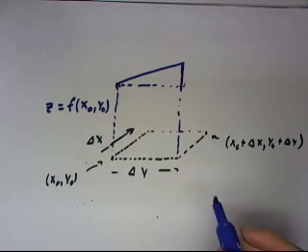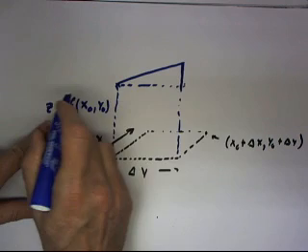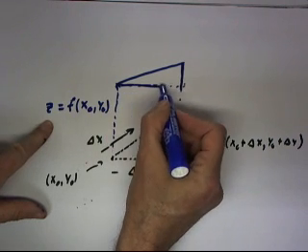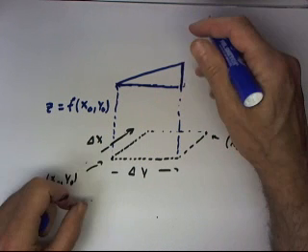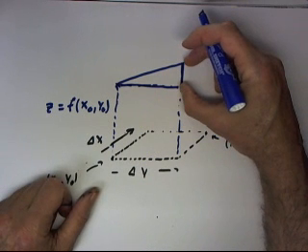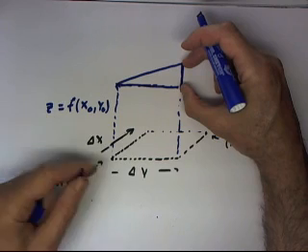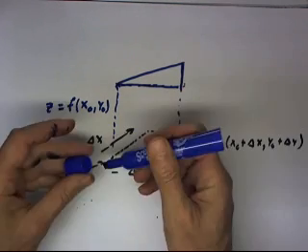The value of our function is z. So we have a triangle here where this altitude of the triangle is the change in the value of z due to this change in y.